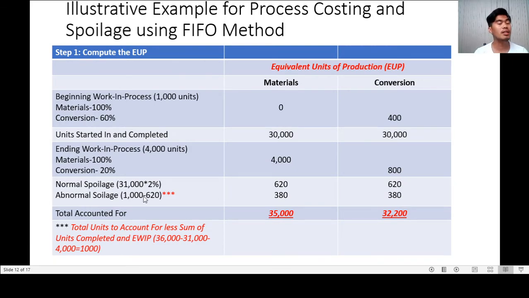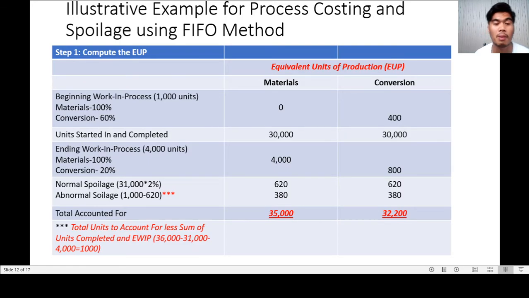So i-account din natin yung abnormal spoilage. Kanina, di ba, na-compute na natin yung abnormal. Walang pinagkaiba yung computation ng abnormal units at saka yung sa normal units, on how to compute the units for normal and abnormal sa dalawang method, either FIFO or weighted average method.